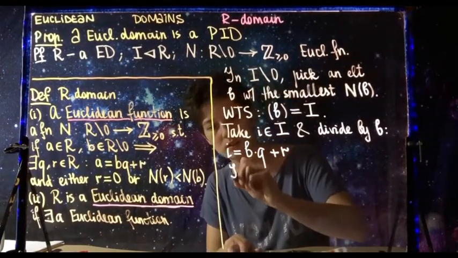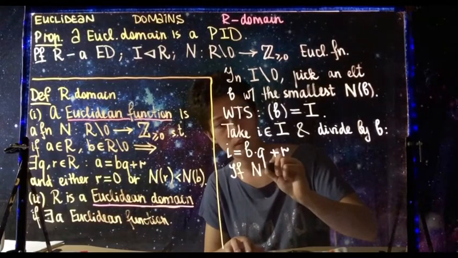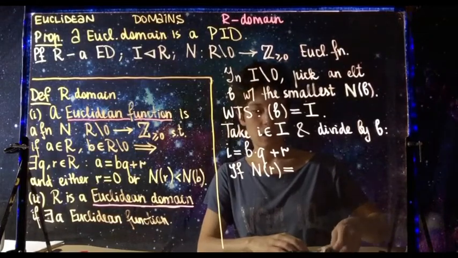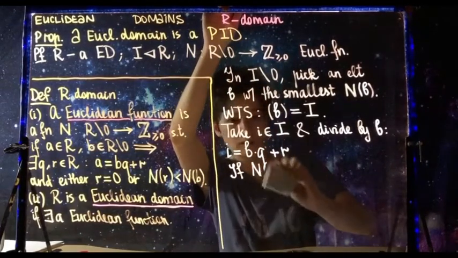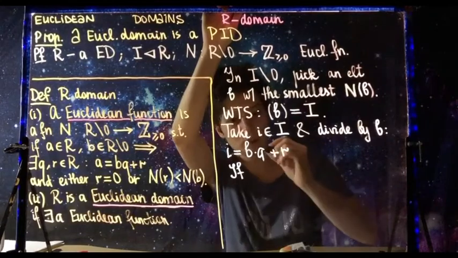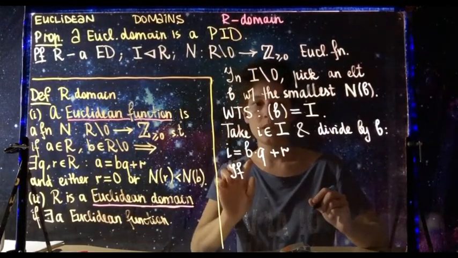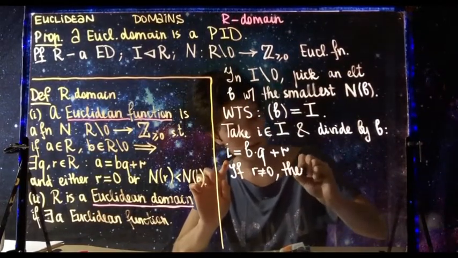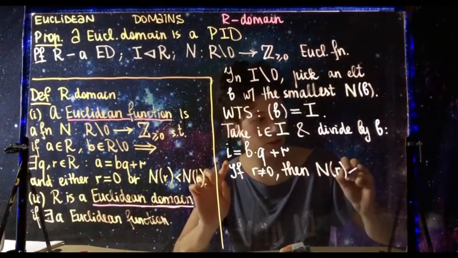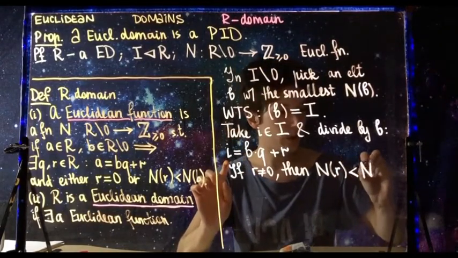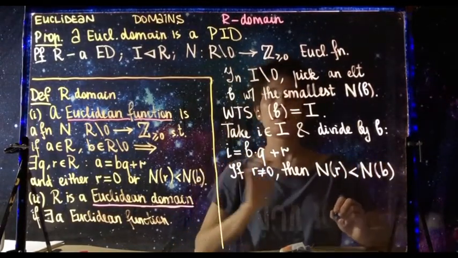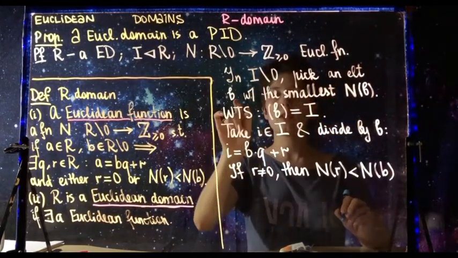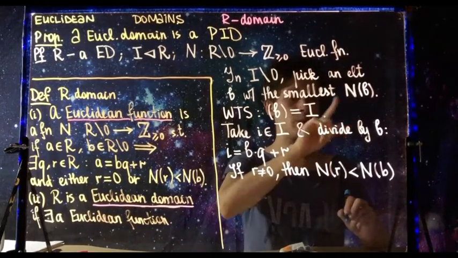So if R is non-zero, so if B does not divide i, then n of R is strictly smaller than n of B. But this contradicts our assumption that B has the smallest norm.